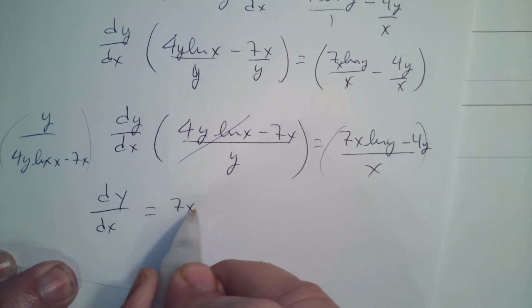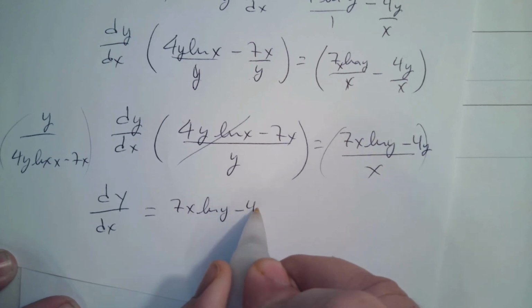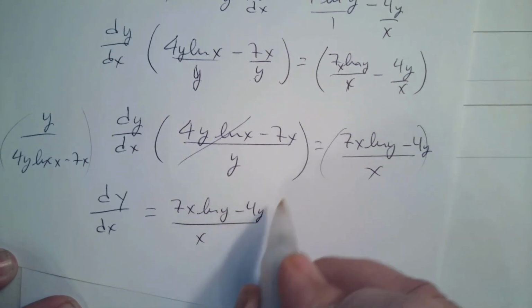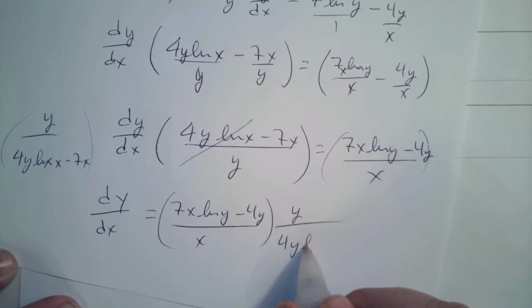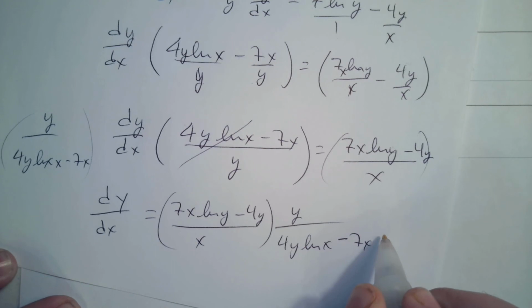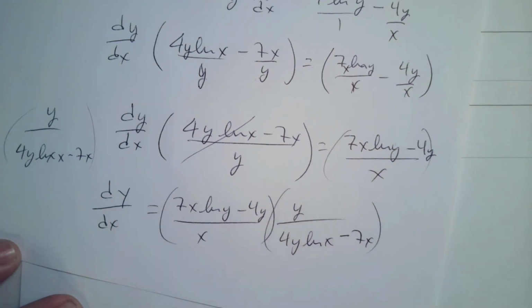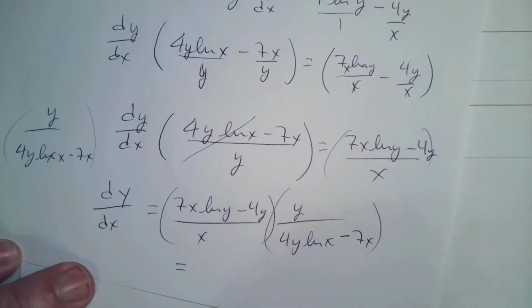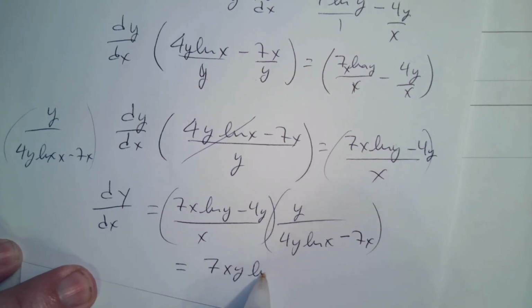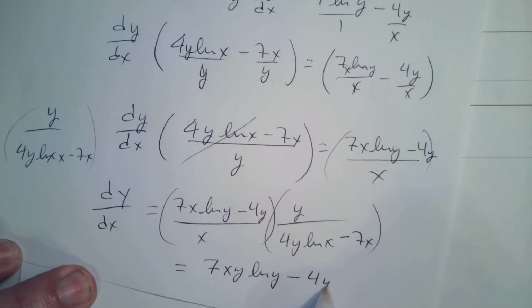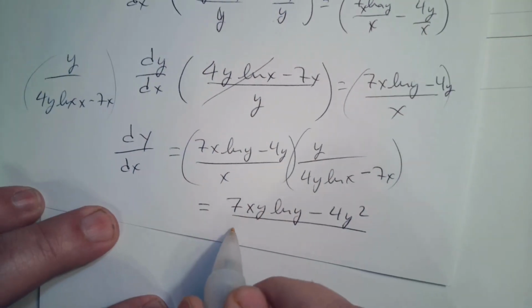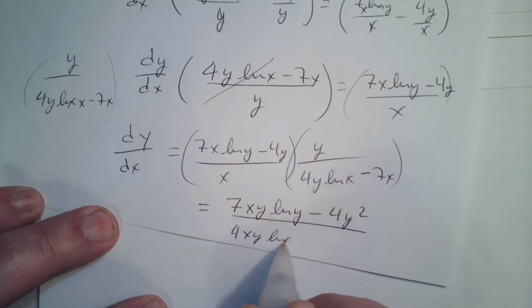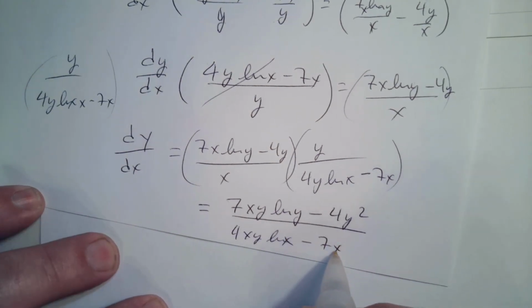So I have 7x ln y minus 4y over x times y over 4y ln x minus 7x, which makes it 7xy ln y minus 4y squared over 4xy ln x minus 7x squared.